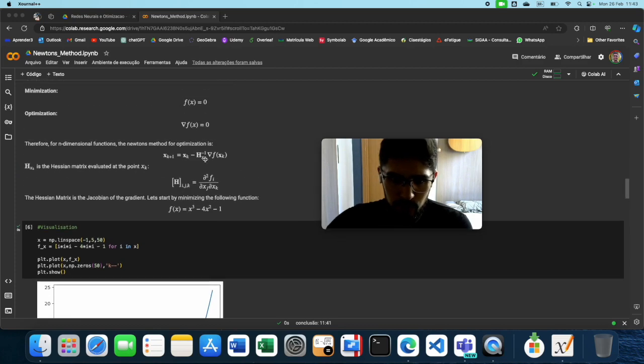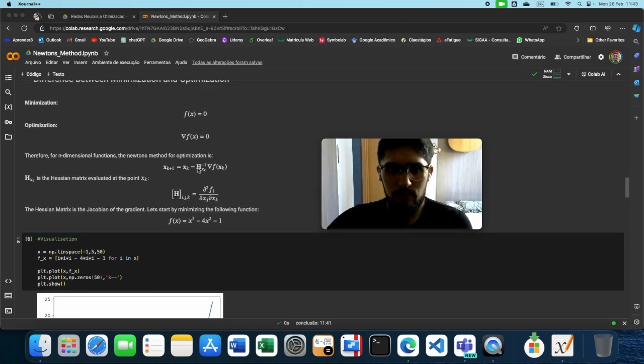If we are willing to find the minimum value, now here is not the function f, but the gradient of f in Newton's method, and here is the Hessian. What are we doing? We are starting from an initial point called xk, and we are updating it, making this subtraction. This we already know.